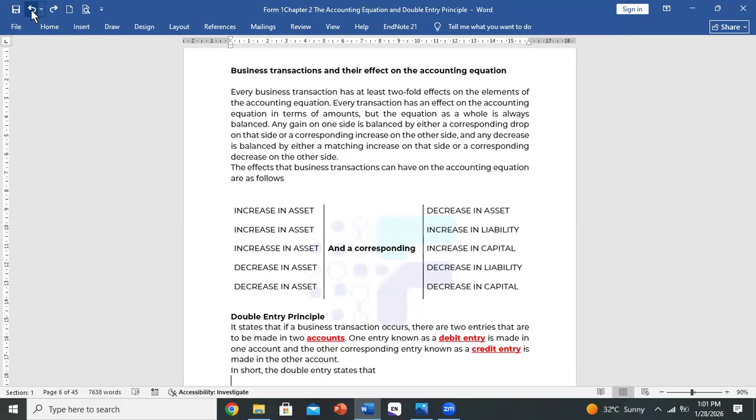The cash is going out of the family, the business. So cash as an asset is decreasing. But the business is getting another asset, which is land, coming into the business. So land is an asset that is increasing. So for this transaction of taking cash to buy land, the effect will be an increase in one asset, land, and a decrease in another asset, cash. That is how you make the analysis to know these effects.